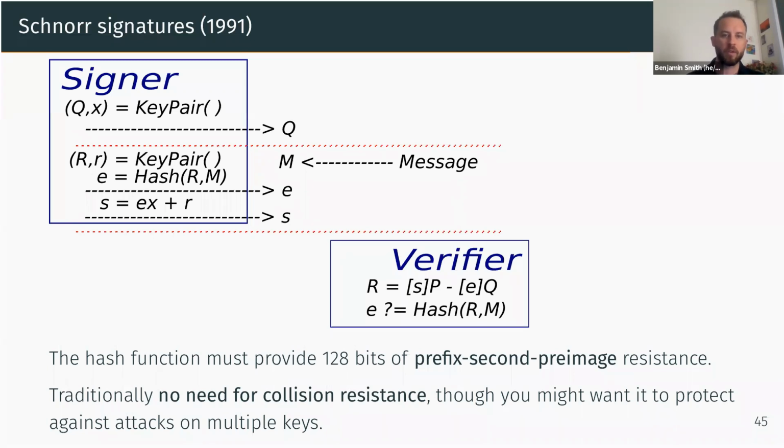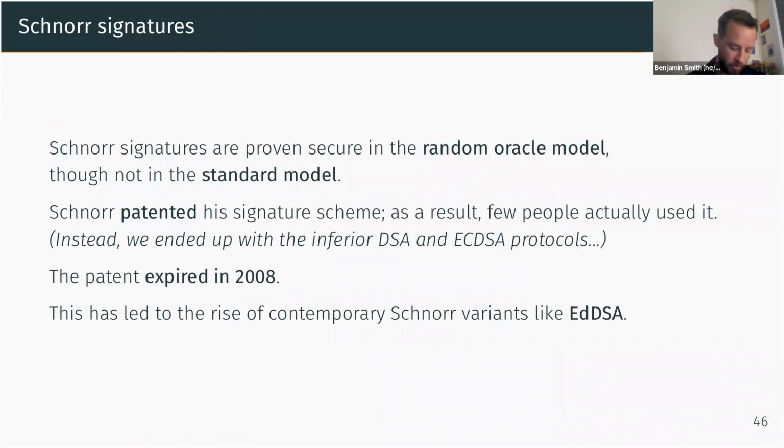Here you can see the public keys here. There's a 128-bit scalar and a 256-bit scalar, or it could be a 256-bit public key. You could publish R instead of E and S. But these are very short signatures in that sense for still giving you 128 bits of security.